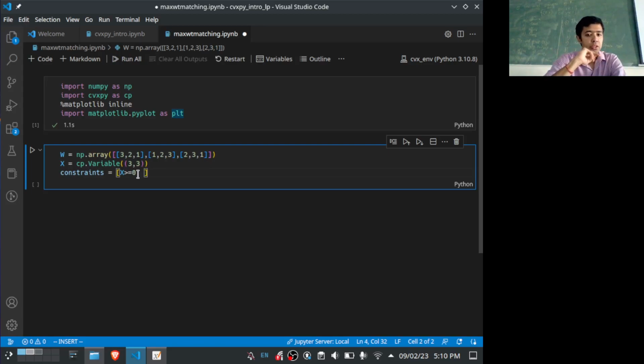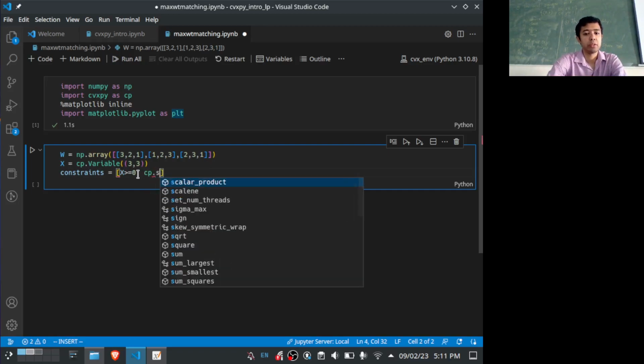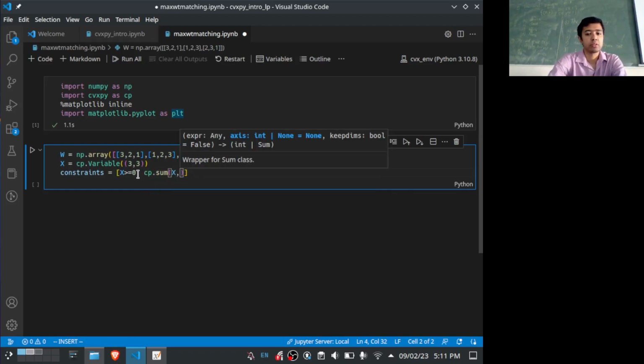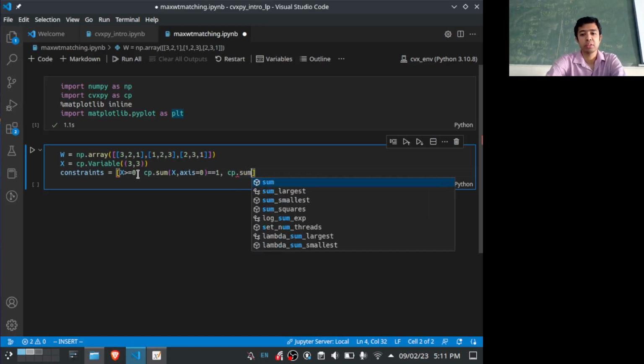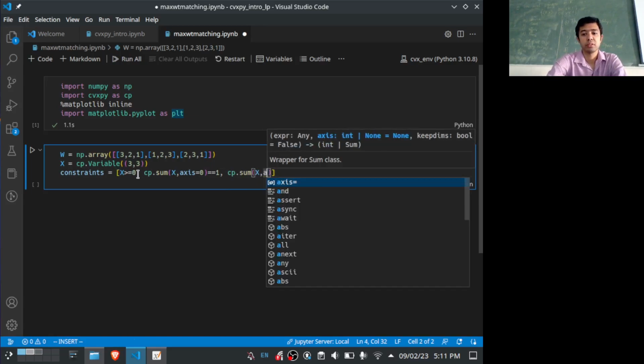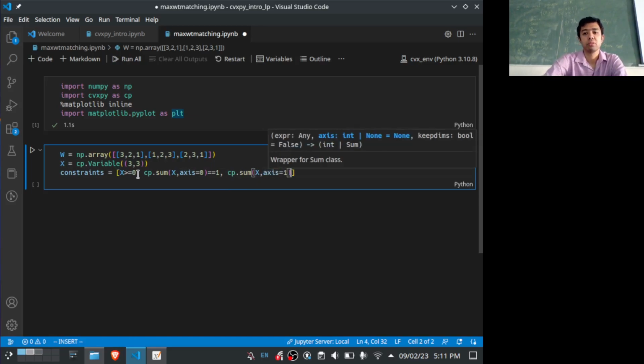So all I need to specify is a non-negativity constraint. What else? The sum along each axis should be equal to 1. So cp.sum(x, axis=0) should be 1. Any issues? Fine. I could as well do cp.sum(x, axis=1) is equal to 1.